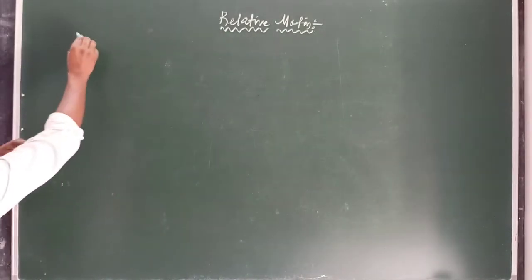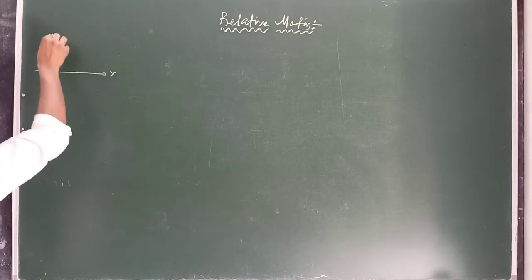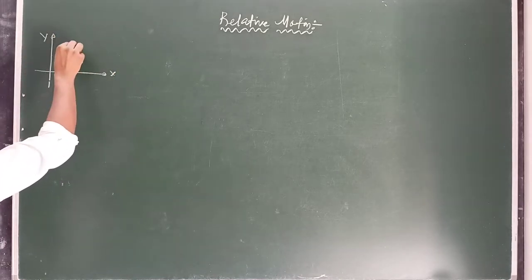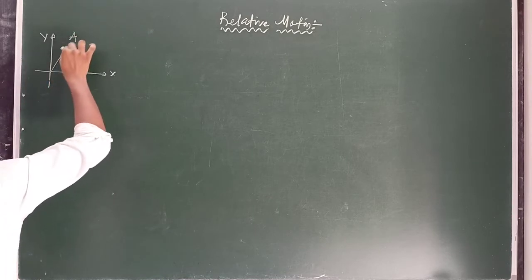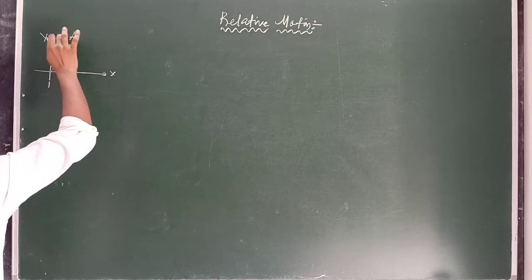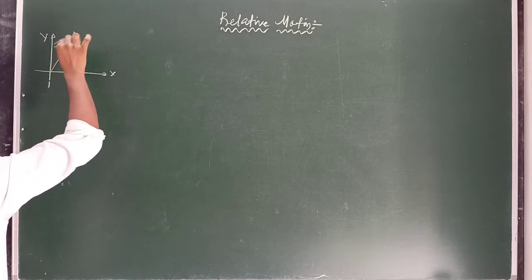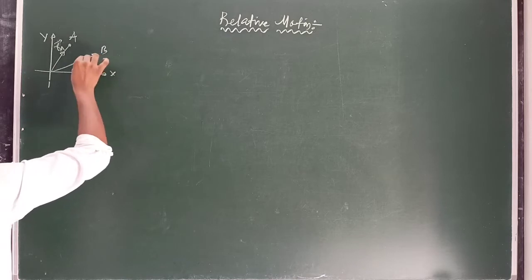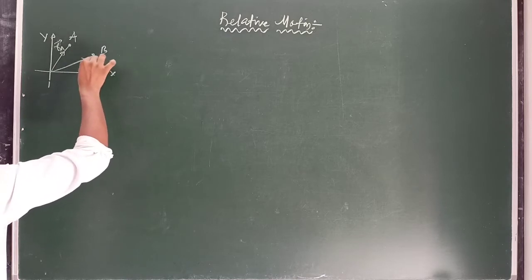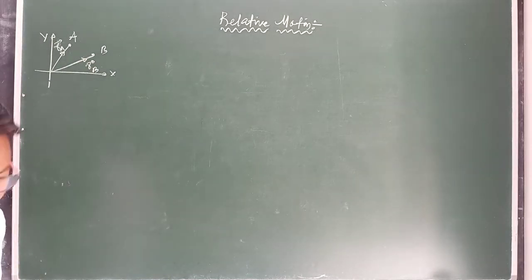Suppose in two-dimensional motion, with the x axis here and the y axis here, at any instant of time t a body is situated at point A with position vector r1, or you can write position vector r_A. Similarly, after a certain time it changes its position to point B with position vector r2, simply r_B. Clear?